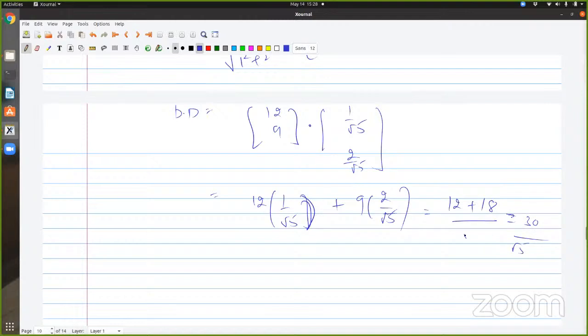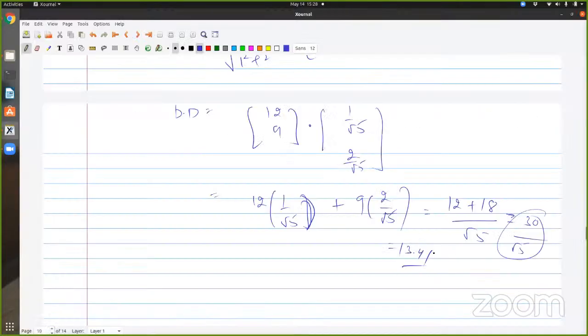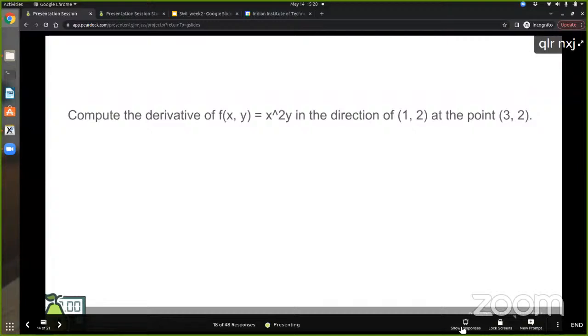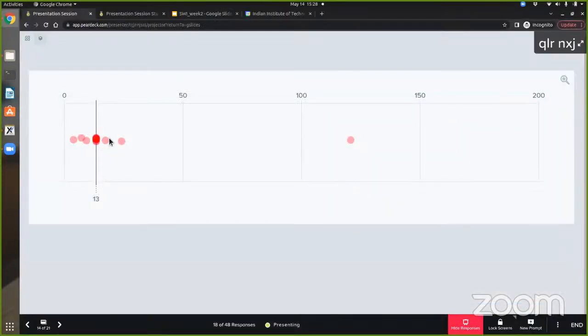This is what you should get. You can compute this. This should come to be 13.41. So this should be your answer. Let's see what you entered here. 13.41. Okay, these people are correct. This is completely incorrect, so please check whatever mistake you had.